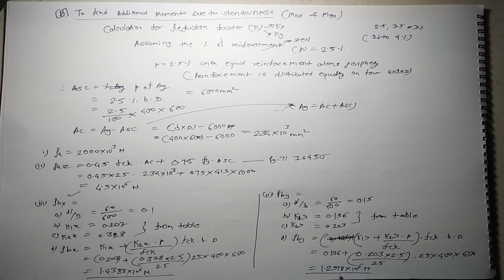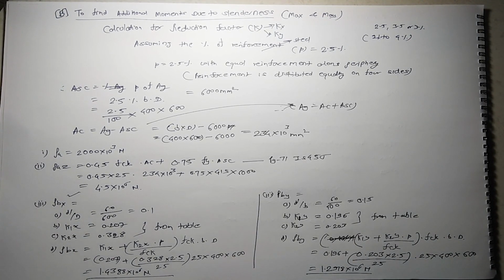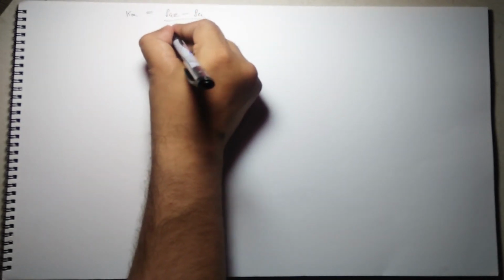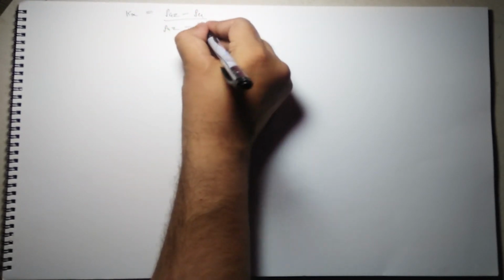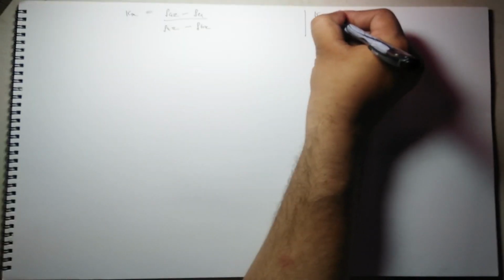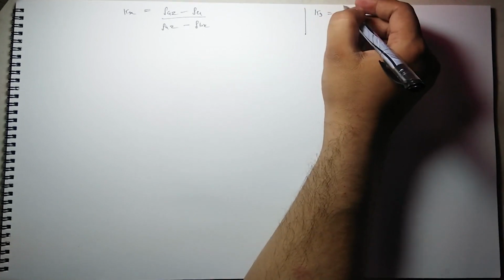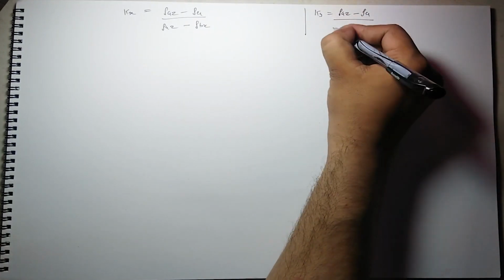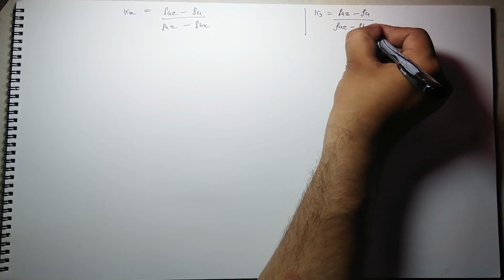I hope you have understood the steps. So the reduction factor Kx equals PUZ minus PU upon PUZ minus PBX, and similarly Ky, the reduction factor in Y, equals PUZ minus PU upon PUZ minus PBY.